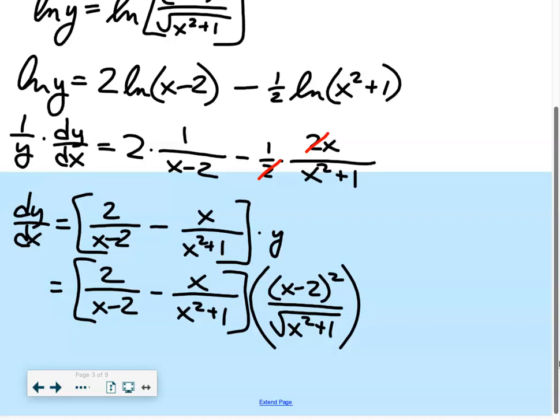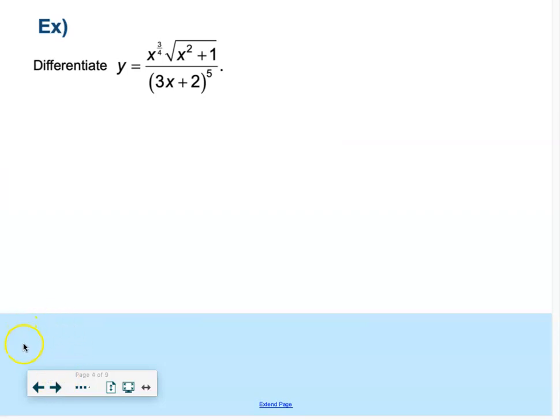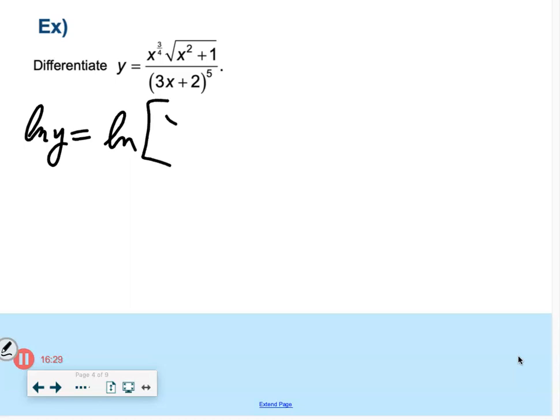Are you ready? Okay, so I want you to try this one. Take a minute. So we take the natural log of both sides. Walking around, it looks like you guys did this really well. I'm going to rewrite the whole problem. You don't have to. I am just because I am.